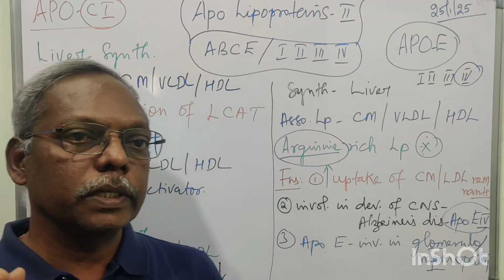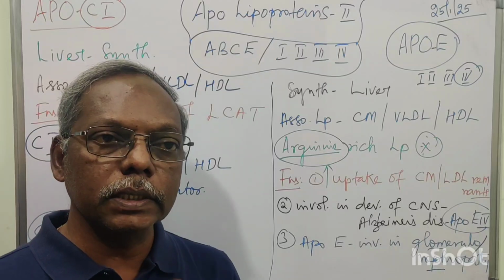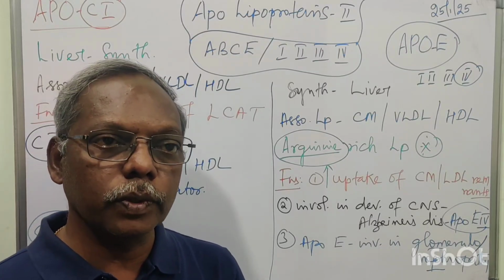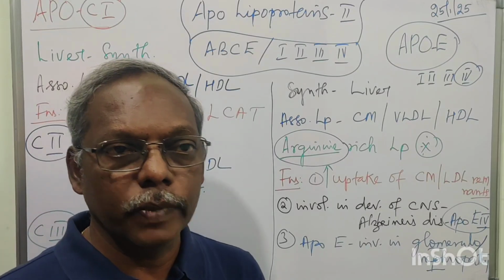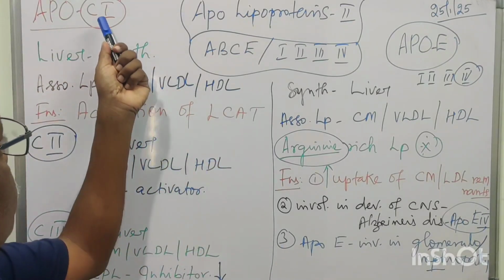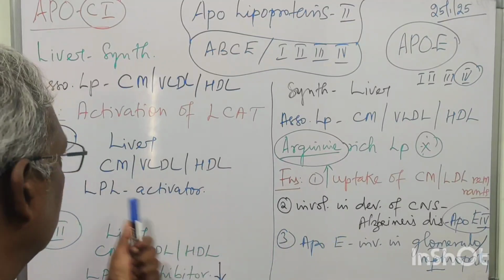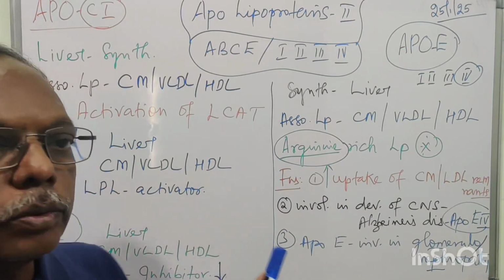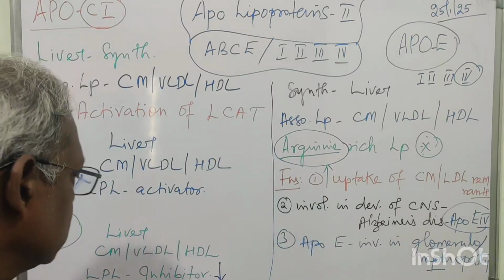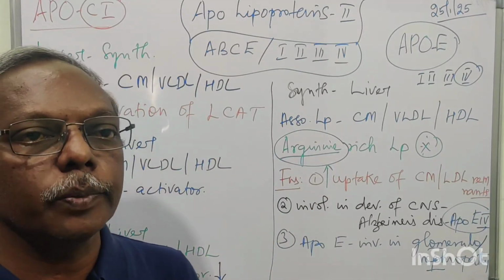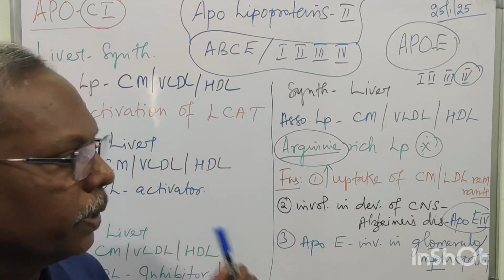You should know the abbreviations of LCAT and LPL. LPL means lipoprotein lipase. LCAT means lecithin cholesterol acyl transferase, one of the important enzymes involved in HDL cholesterol metabolism. So ApoC1 activates LCAT. And C2 stimulates the LPL enzymatic reactions, whereas C3 inhibits the lipoprotein lipase reactions. Very, very important MCQ point.